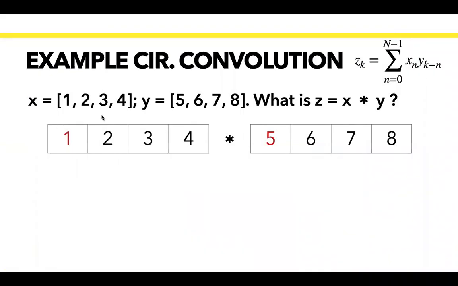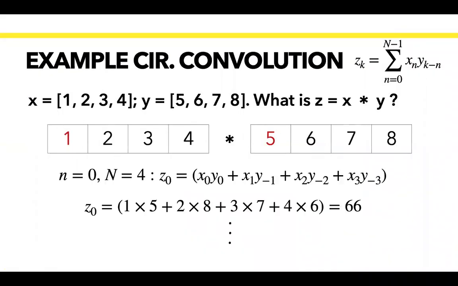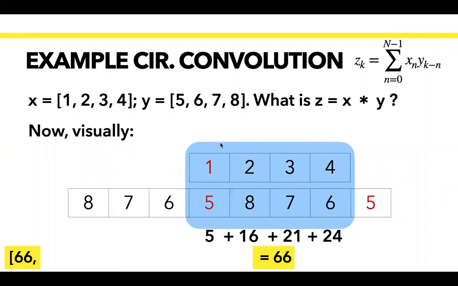So here they are, the n equals 0 element, both in red. We're aligning n equals 0, and we're going to do the math. So 1 times 5 is 5. Plus 2 times 8 is 16, plus 3 times 7 is 21, plus 4 times 6 is 24. We sum those together. That's 66. That's our first element.